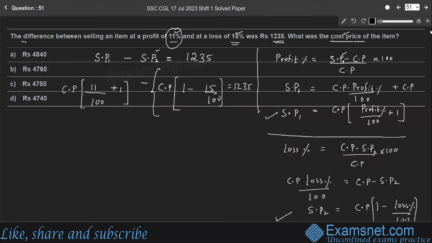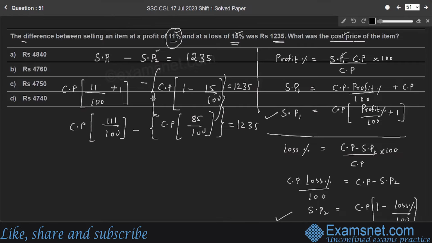Simplify it, you will get the answer. So cost price into 111 by 100 minus cost price into 85 by 100 is equal to 1235.